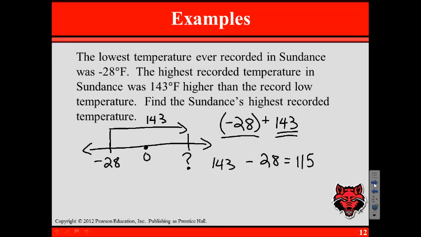When we go back to the original problem, 143 had the largest absolute value, and 143 was positive. So because the largest absolute value was positive, 115 will also be positive. So the answer here is 115 degrees Fahrenheit, a positive value.